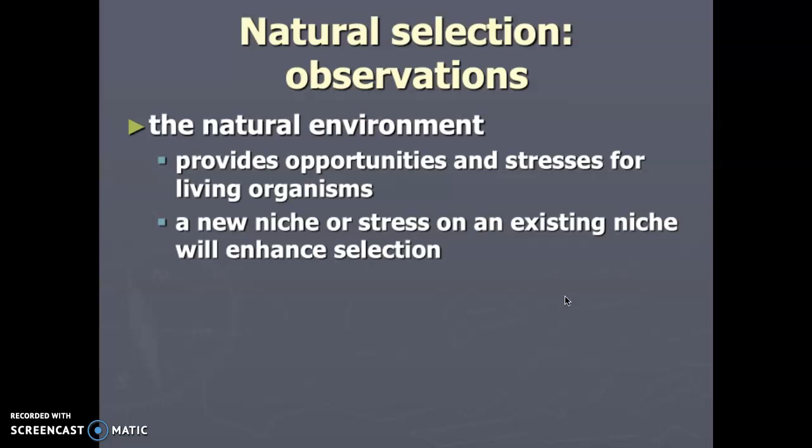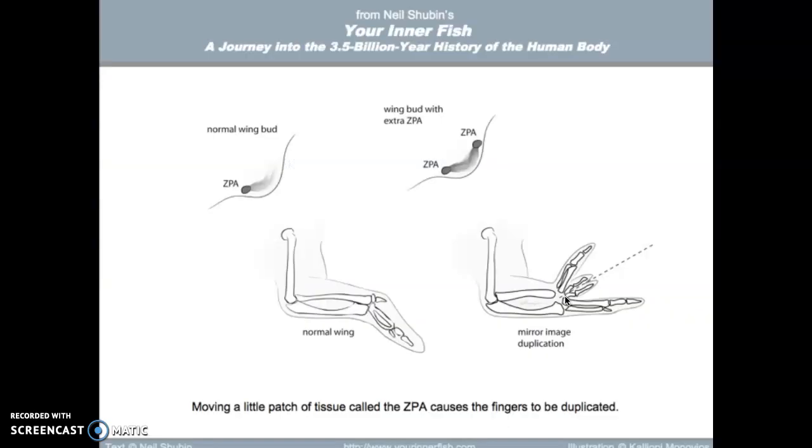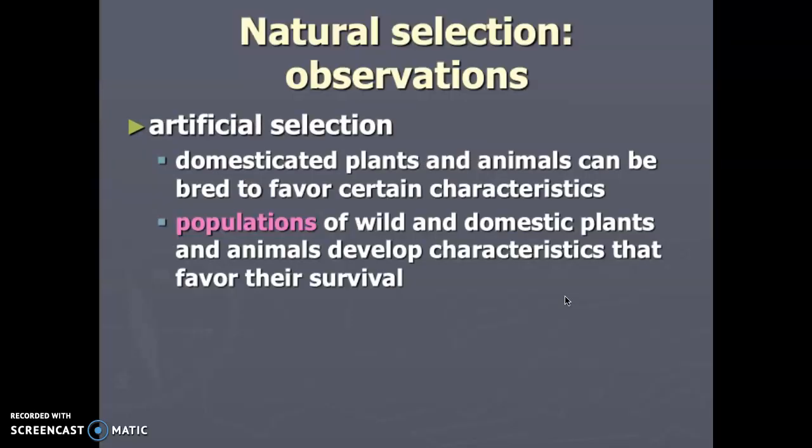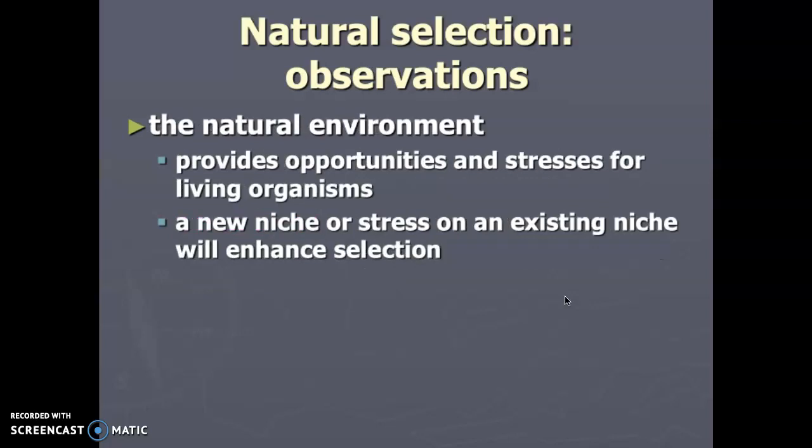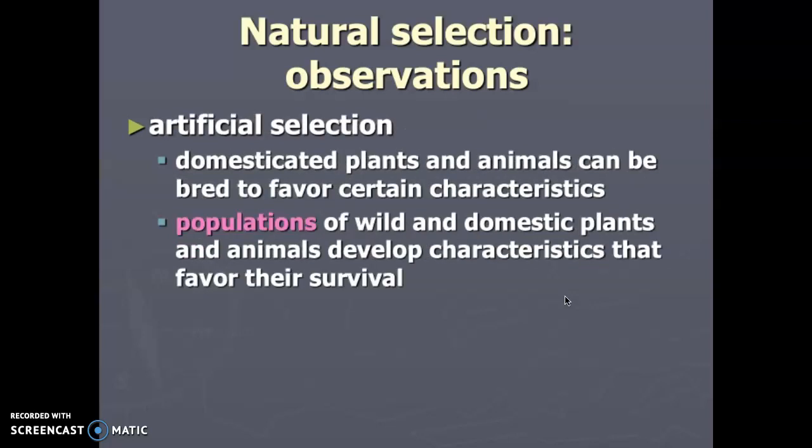The biggest difference between the artificial environment, or the barnyard environment, and the natural environment is that when humans do selection, we can fence off the animals from each other, and we can make it happen in a smaller number of generations.